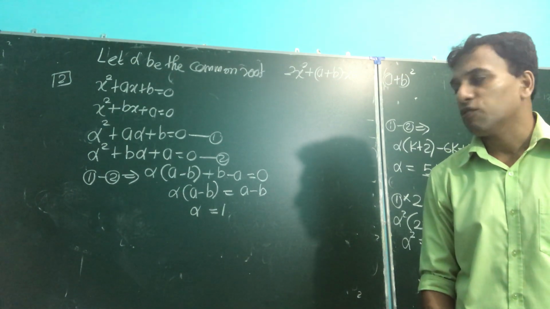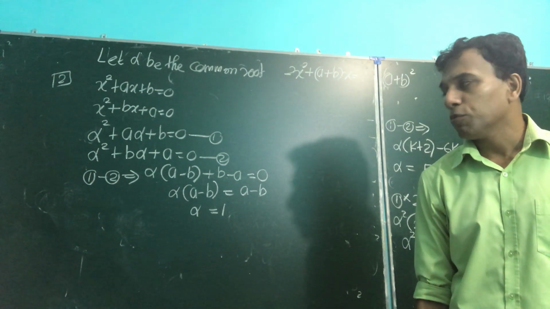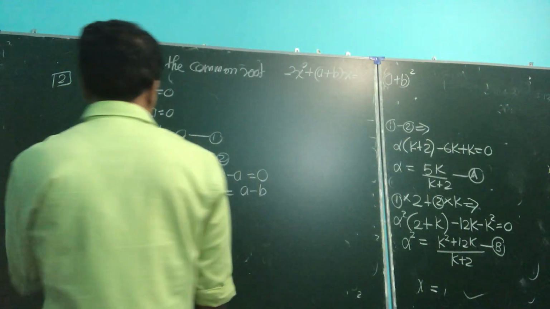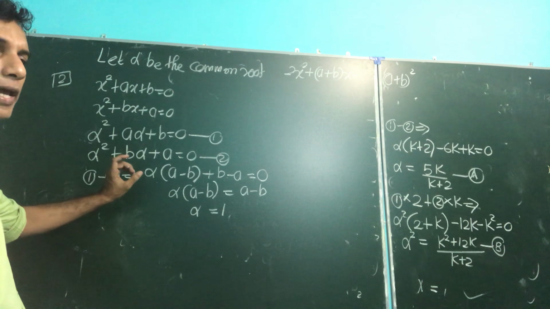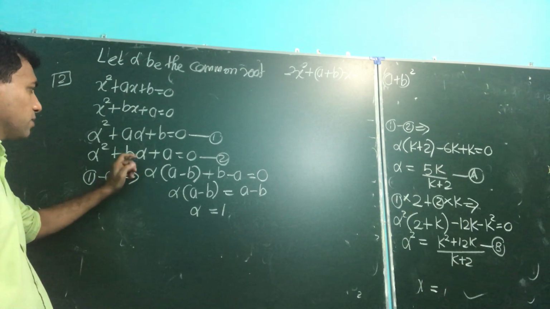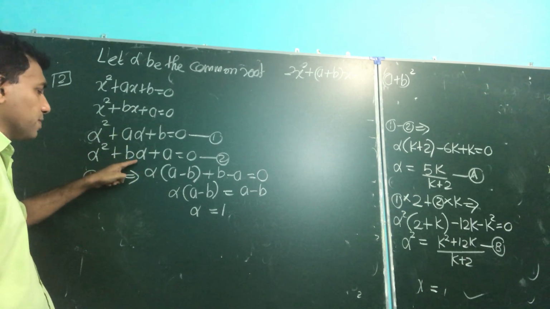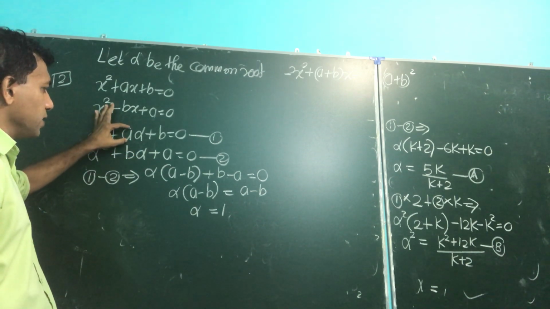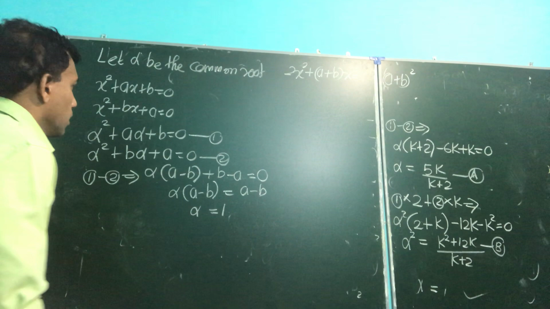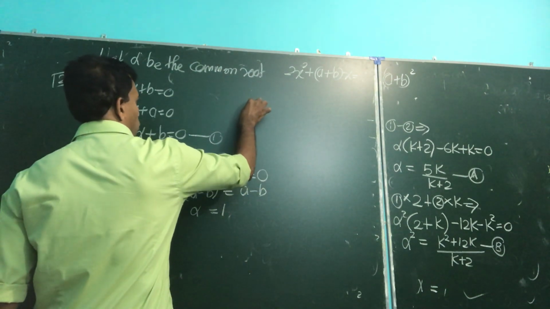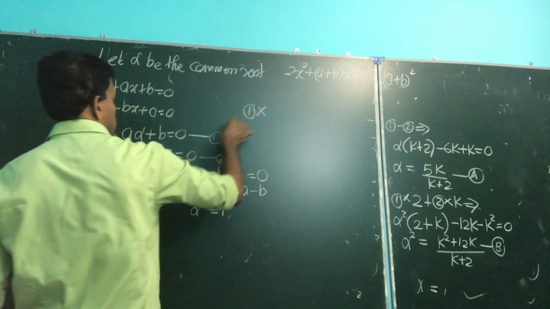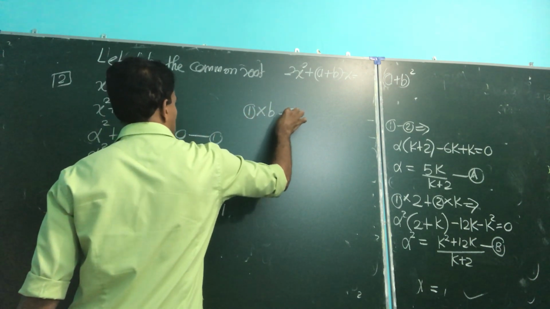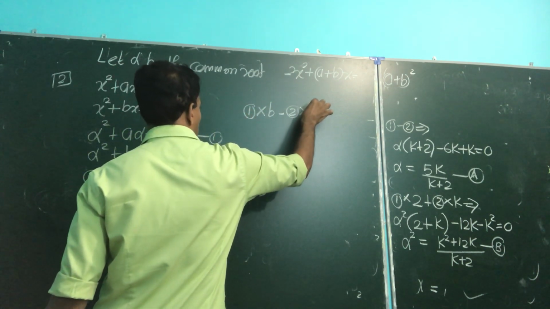Now find the alpha square by removing the alpha. How? Equate the alpha coefficient so it becomes the same. First equation multiply by b, second equation multiply by a. So first equation multiply by b, subtract second equation multiply by a.